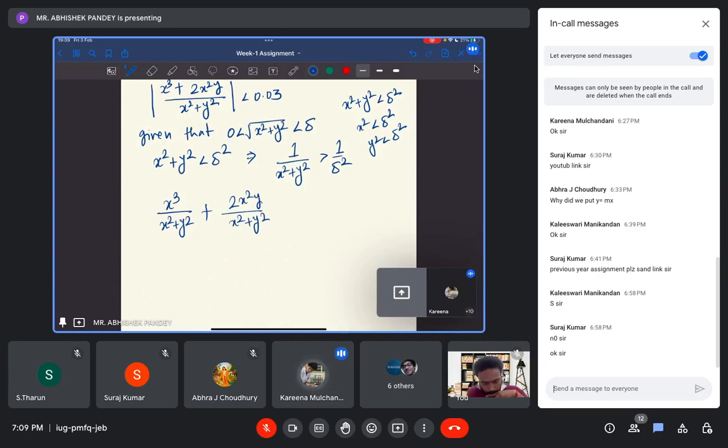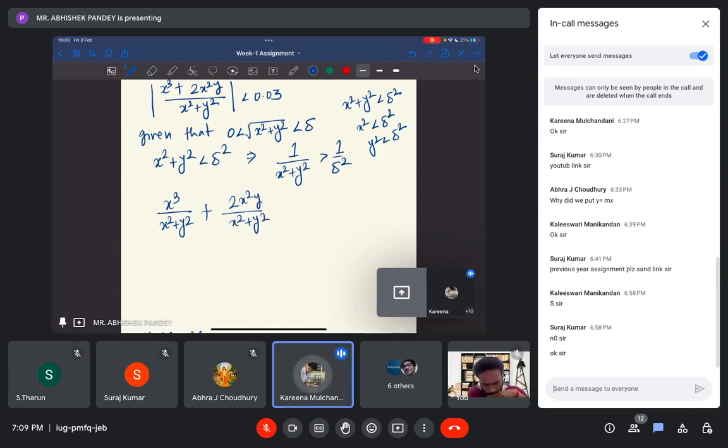Yeah, fine. And x cube can be written as modulus x into x square. Yes, sir. And x cube is x into x square.